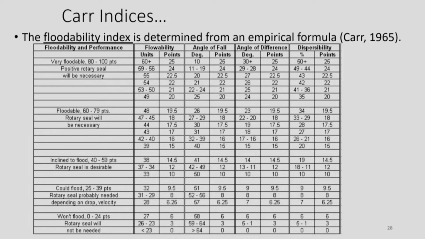You can see equal weightage, 25 points for each of the properties. Then add them together. If they are close to 100, then it's floodable. Same thing for the properties that he measured for flowability. If it's close to 100, then it's flowable material. It's based on his judgment of those 3,000 powders.